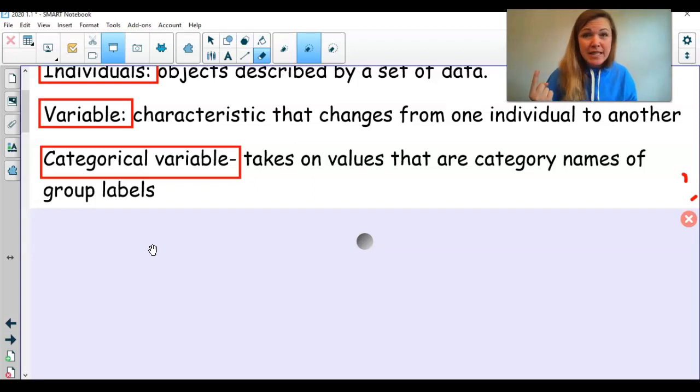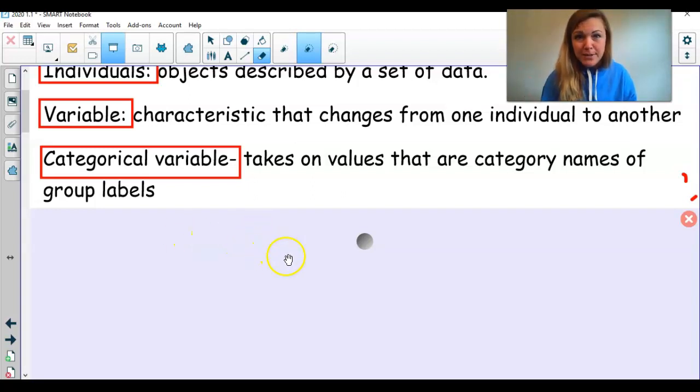Your age is not categorical. Your height is not categorical. Your GPA is not categorical, okay? Categorical: where you live, hair color, eye color, all those. Not categorical: age, height, how much money you make, your GPA.